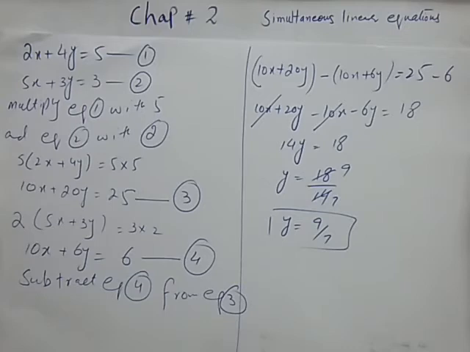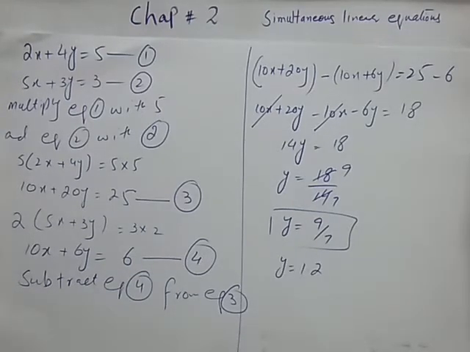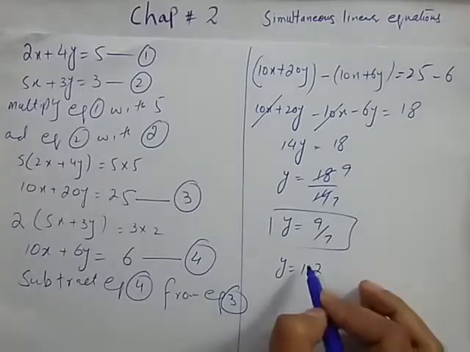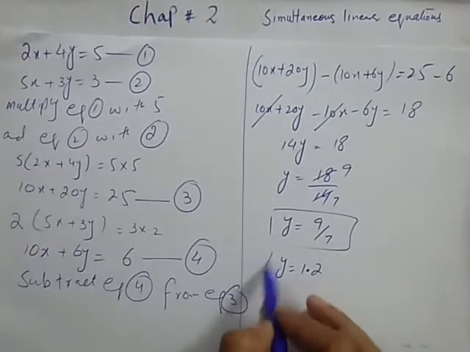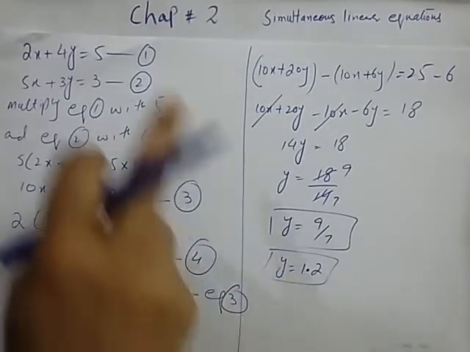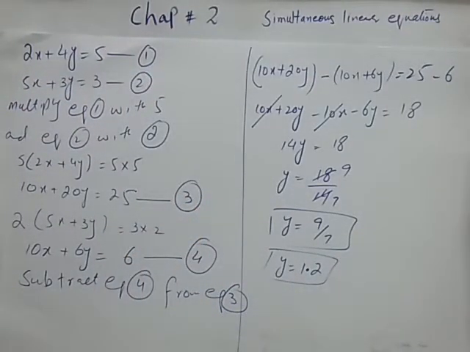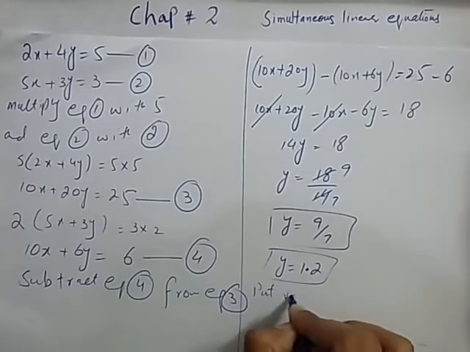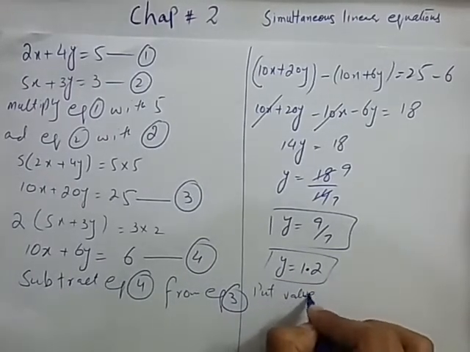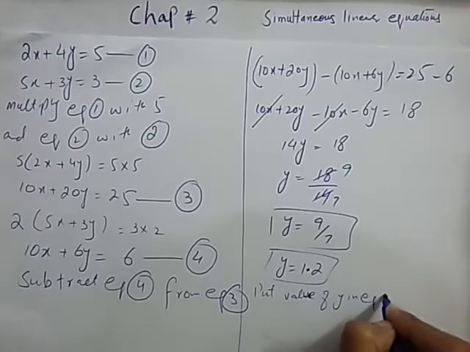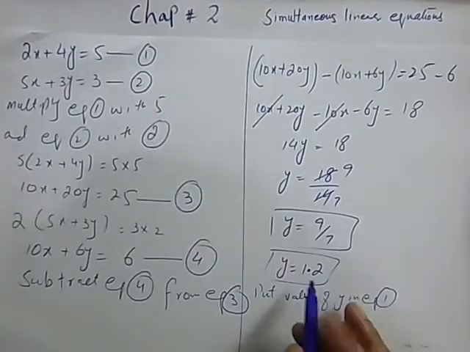Now it's up to you. If you want to convert it into decimals, you can. By dividing 9 by 7, we get the answer, that is 1.2. Now it's up to you whether you put the value of y in equation number 1, 2, 3 or 4. I'm going to put the value of y in equation number 1.